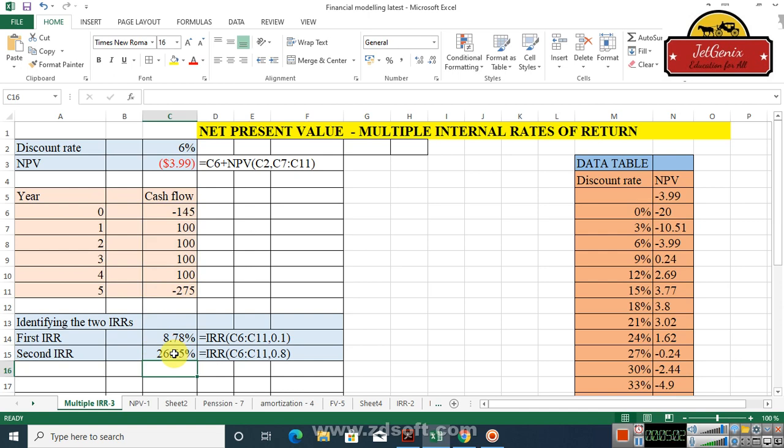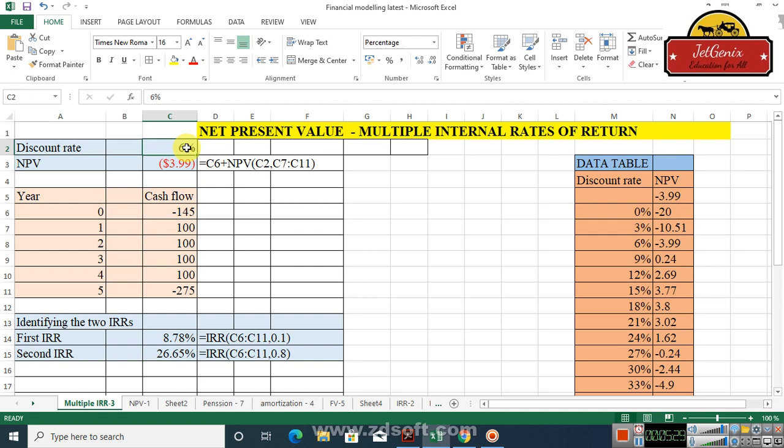Now in order to analyze whether these two IRRs which we have calculated are right or wrong, we can calculate it in a way. For example, here you see I have different discount rates, and I have calculated different NPVs at different discount rates. You can calculate it by just changing this discount rate.